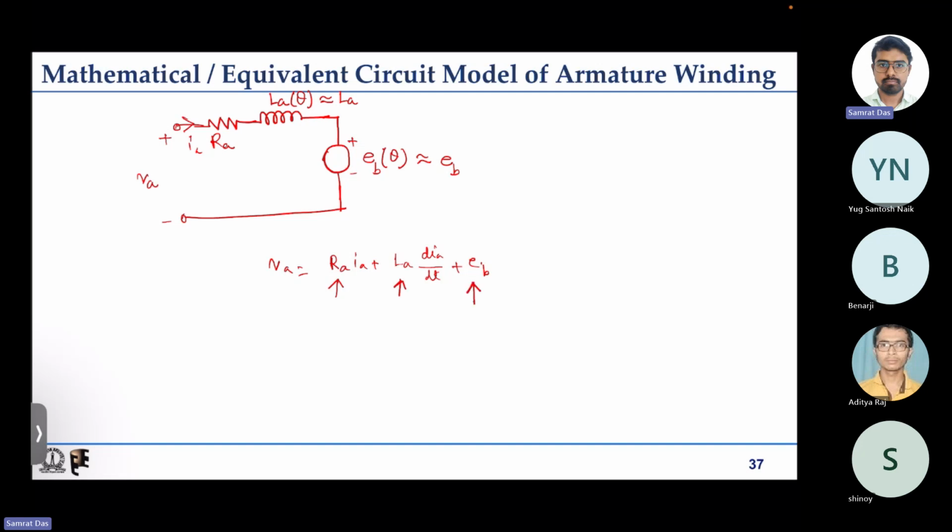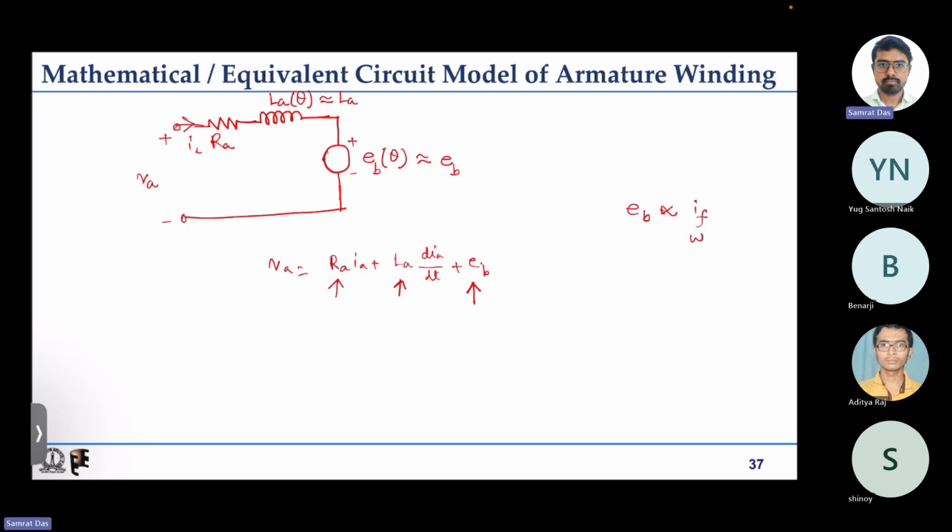And this is the back EMF. What is that? Back EMF is proportional to the field current, and also proportional to the speed. We understood why it is dependent on field current and why it is dependent on speed from the flux linkage variations. We have already seen that.